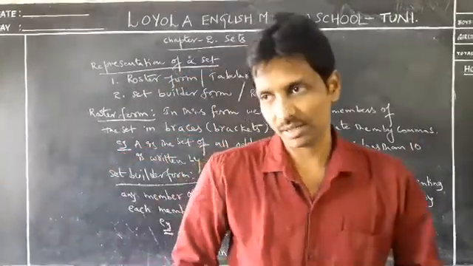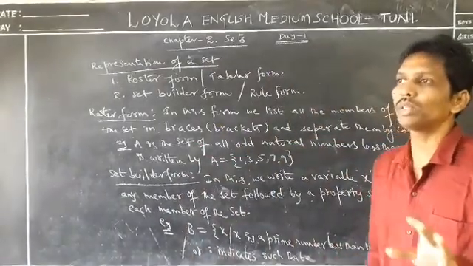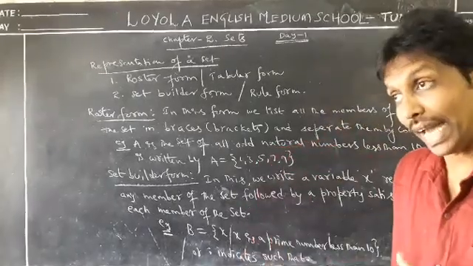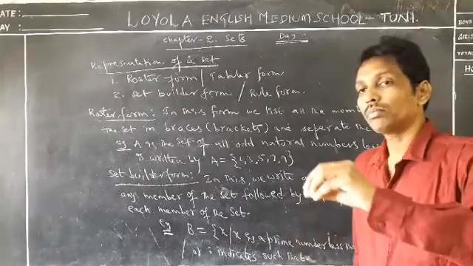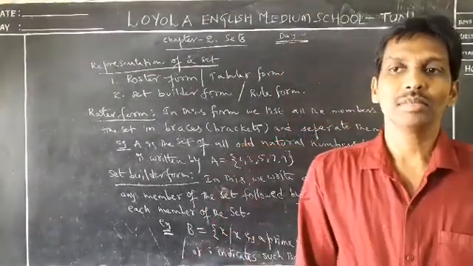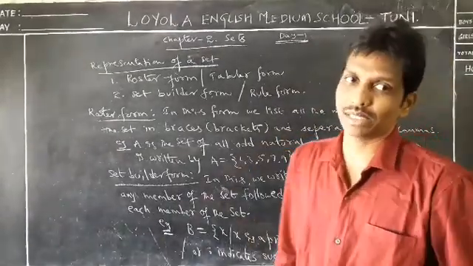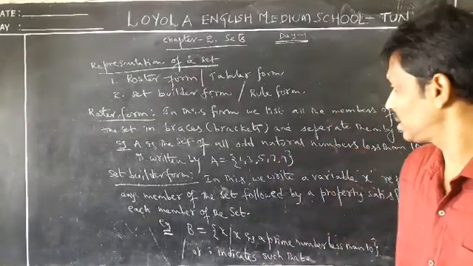But in set builder form, we don't want to write the actual numbers. Instead, we consider the possible elements in the given set, all those elements belonging to x. Instead of all elements, we may consider x.